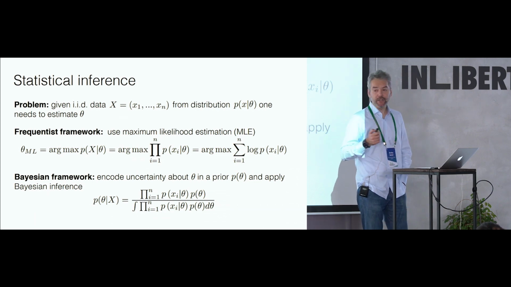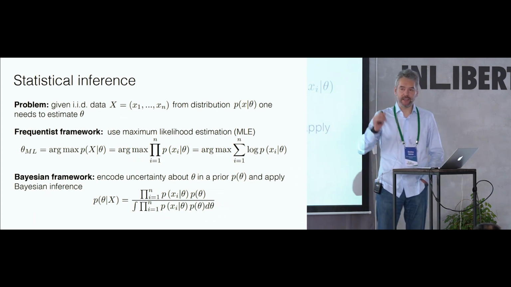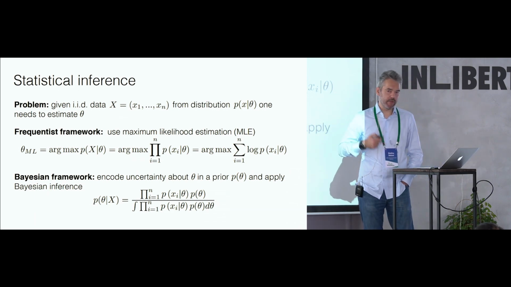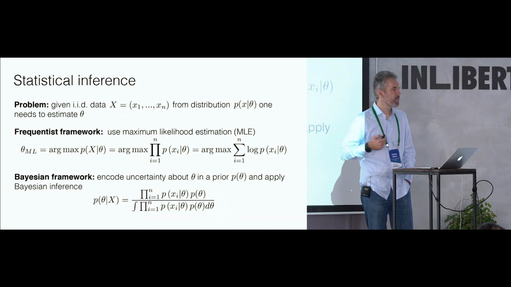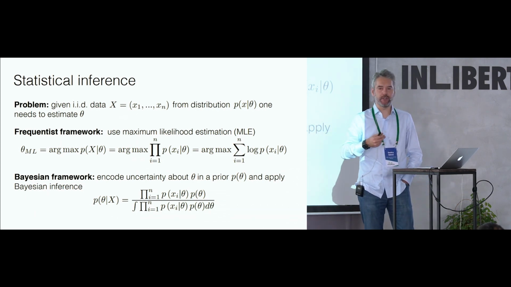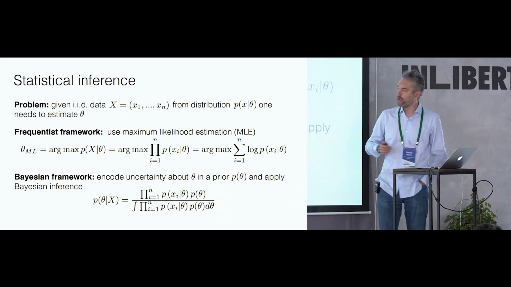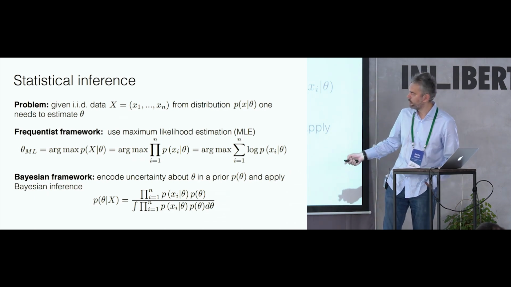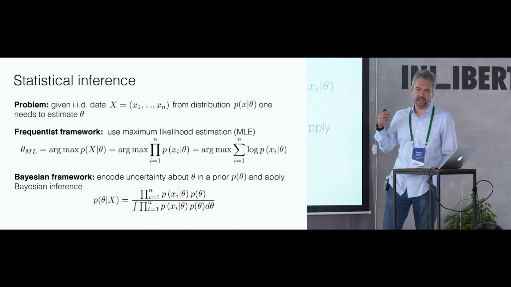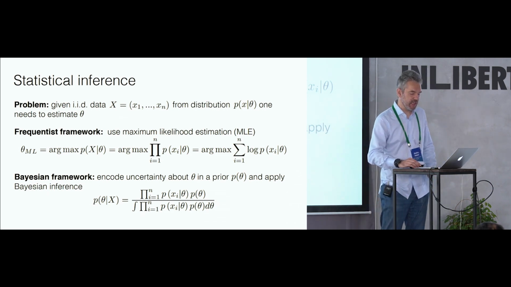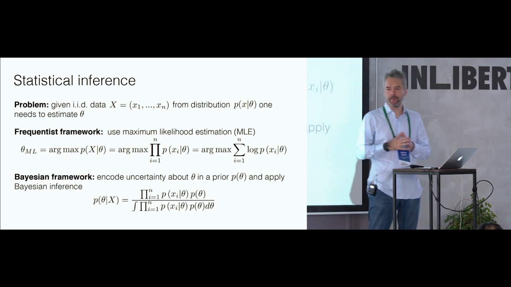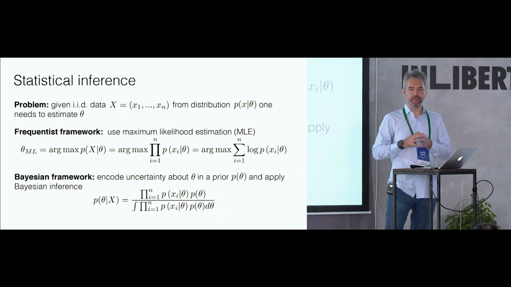Alternatively, from the Bayesian point of view, what should we do? Again, we have some data X, which consists of n objects, and we would like to estimate theta, to extract as much information about theta as possible, which is contained in our data. So from the Bayesian point of view, we should simply apply Bayes theorem. First we should start with the prior distribution. We should somehow encode our preferences, our uncertainty about the possible values of theta in terms of a probability distribution.